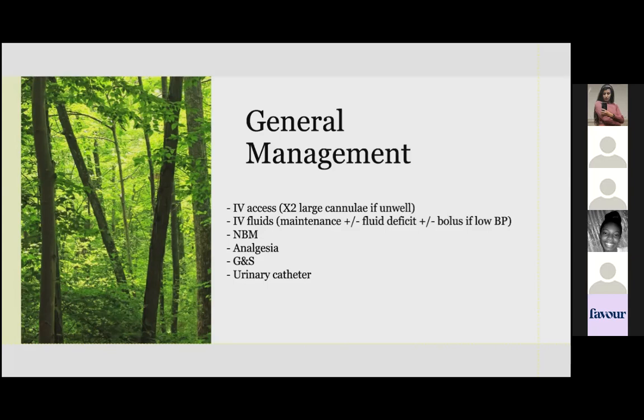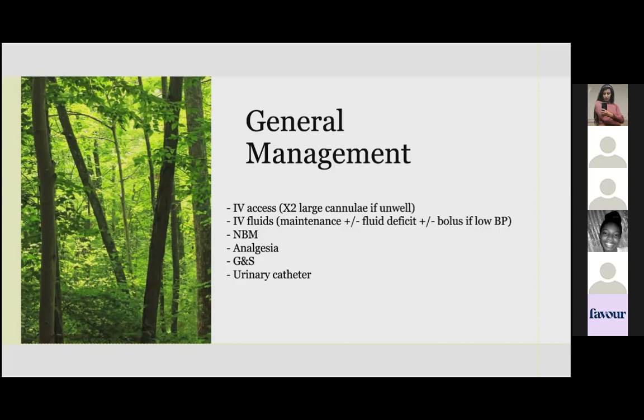If you think the patient's got a potential surgical problem, then making them nil by mouth is an important part of management until the surgeons say otherwise. You need to give the patient good analgesia for multiple reasons, mainly for ethical reasons, but this also allows you to perform investigations more easily and aids with your examination of the patient.